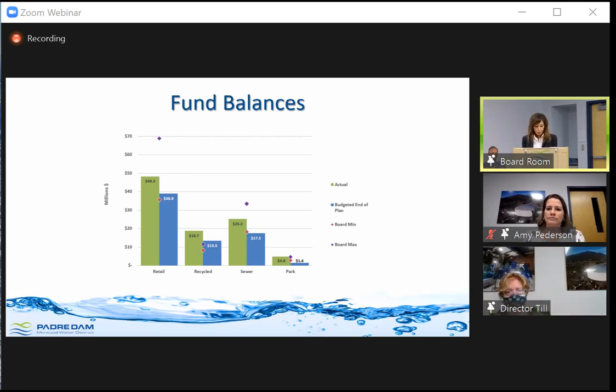For example, potable water is under the board maximum, but above the board minimum at the end of the year. The same is true for sewer, under the board maximum. Recycled is over the board maximum, and park is right about at the board maximum. Next slide.